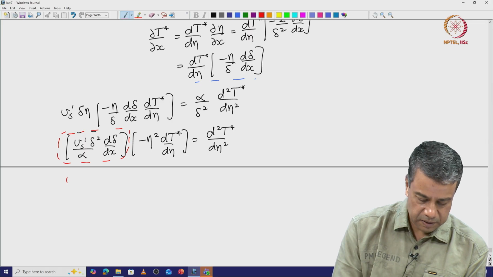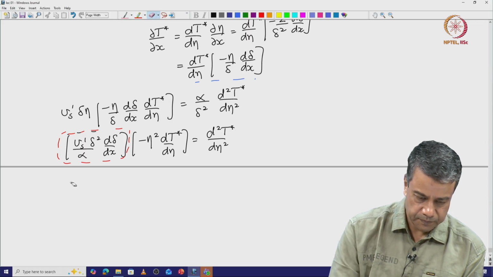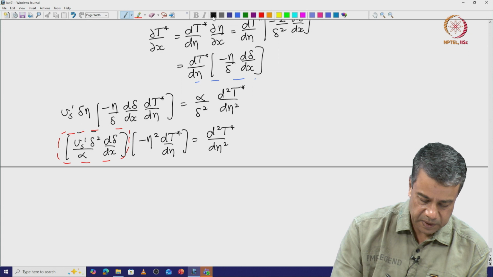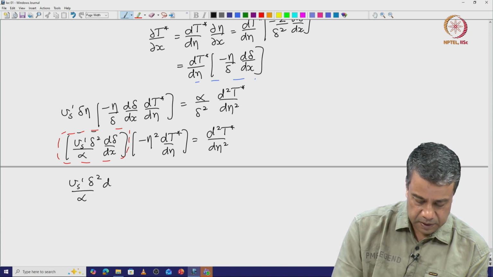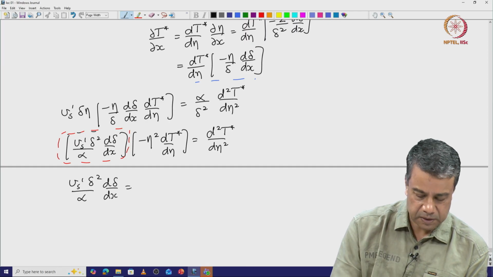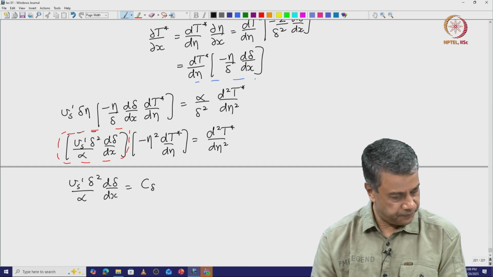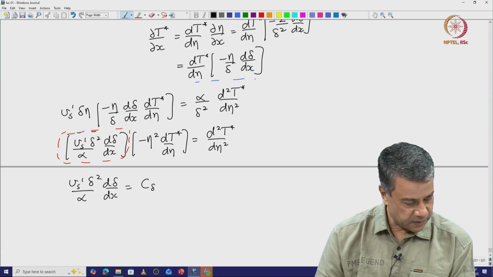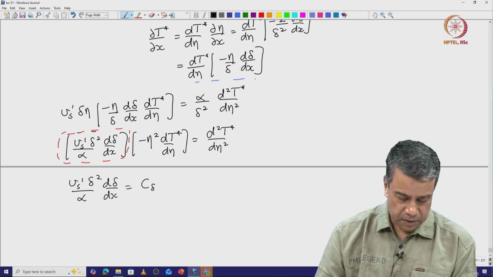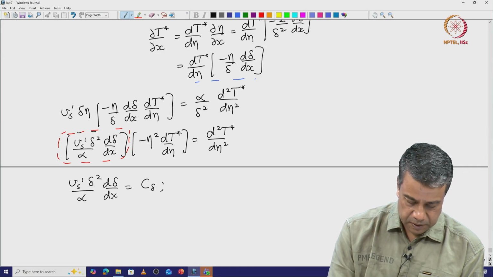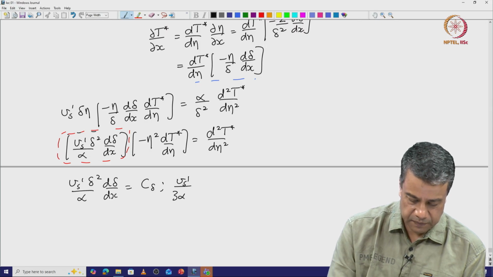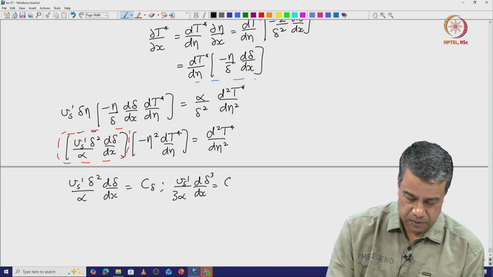We require that Vs prime delta square by alpha d delta by dx is equal to some constant c delta. Or alternatively, Vs prime by 3 alpha d delta cubed by dx is equal to c delta.